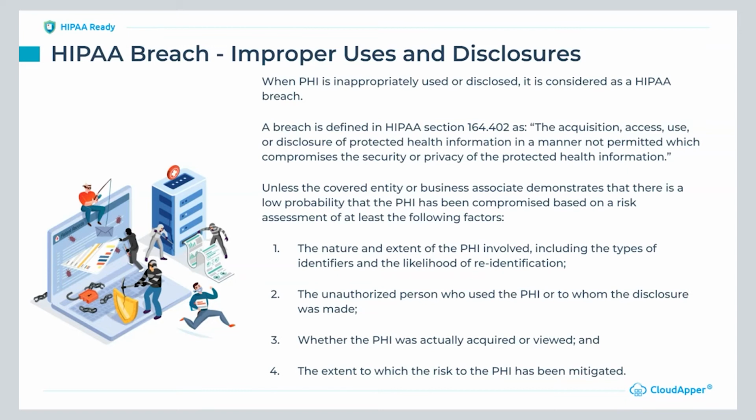A breach is defined in HIPAA Section 164.402 as the acquisition, access, use, or disclosure of protected health information in a manner not permitted which compromises the security or privacy of the protected health information, unless the covered entity or business associate demonstrates that there is a low probability that the PHI has been compromised, based on a risk assessment of at least the following factors: the nature and extent of the PHI involved, including the types of identifiers and the likelihood of re-identification, the unauthorized person who used the PHI or to whom the disclosure was made, whether the PHI was actually acquired or viewed, and the extent to which the risk to the PHI has been mitigated.